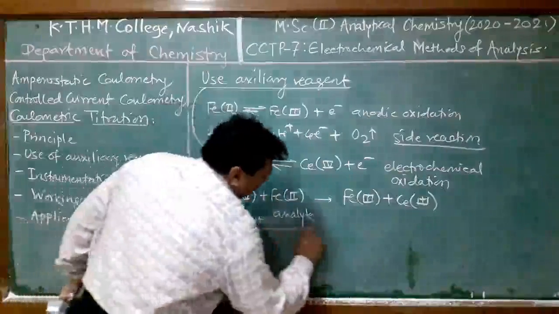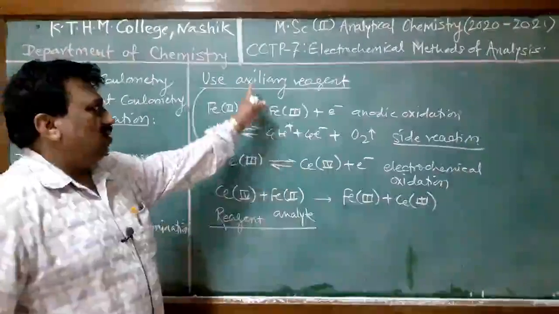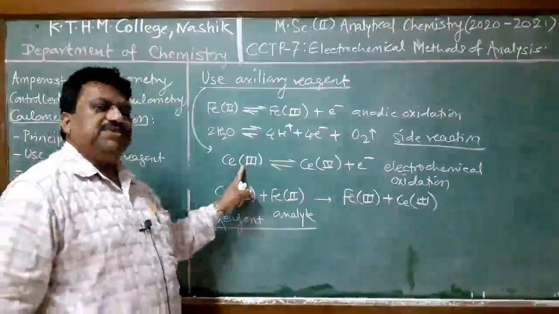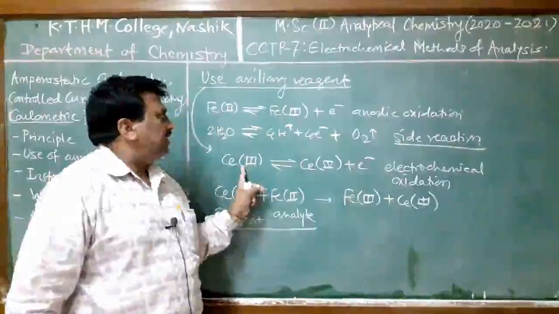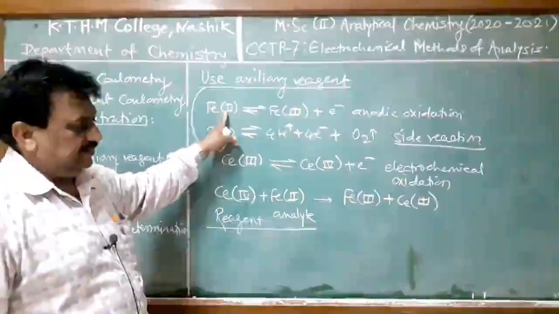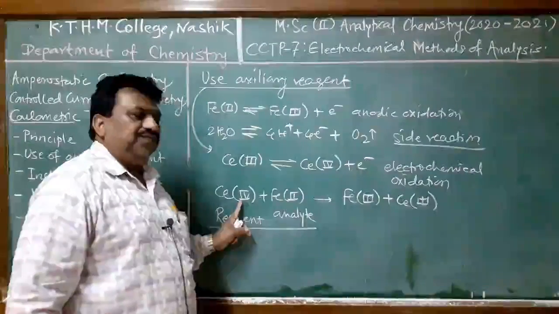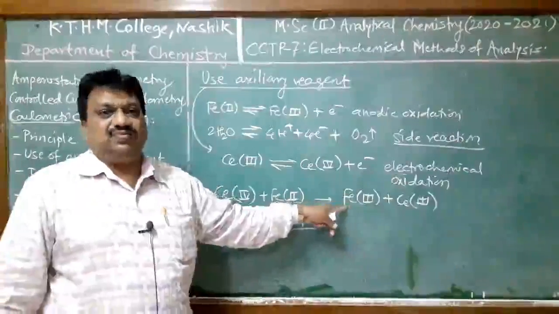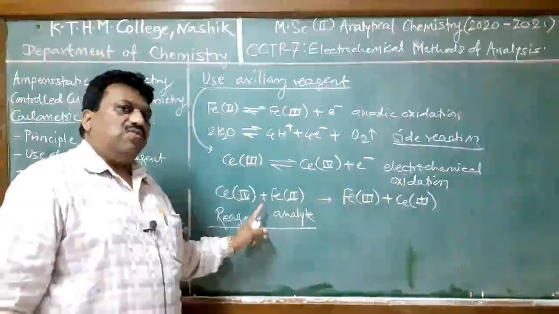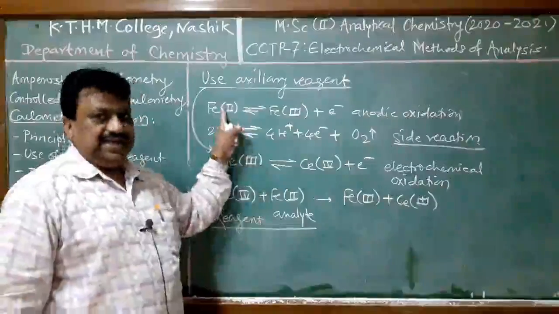Therefore, here we can use cerium 3+ as an auxiliary reagent for the determination of Fe2+. Initially the auxiliary reagent is converted to another form which can easily react with the analyte.